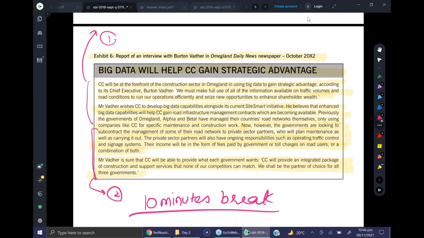So we'll skip some requirements like the control weaknesses discussion because we have already discussed it in detail. But for some of the requirements, we'll have to jot down the points and bring them together because we have learned the exhibits and now we'll see. So let's take a 10 minutes break and then complete the case study discussion. Any questions so far?